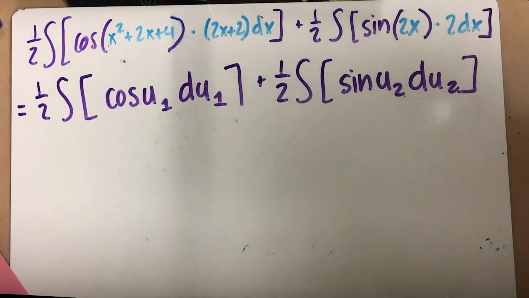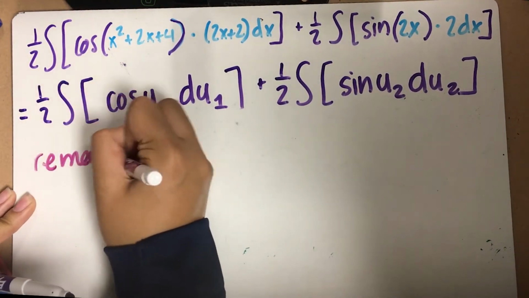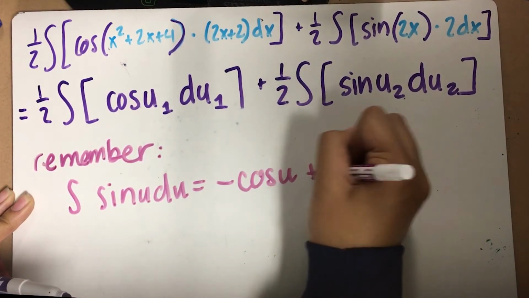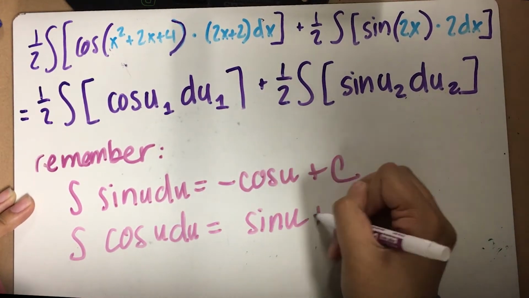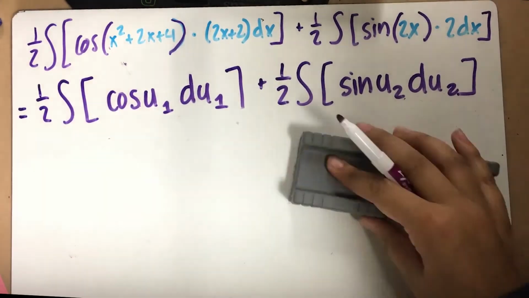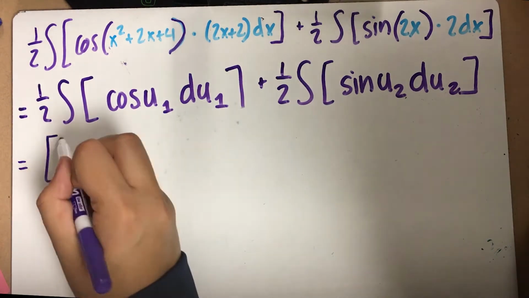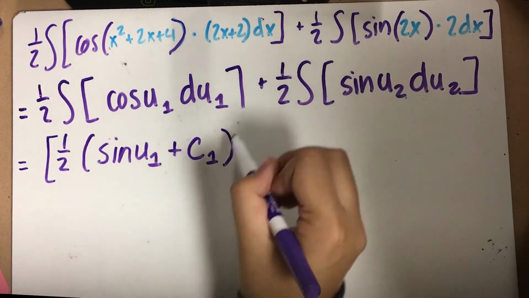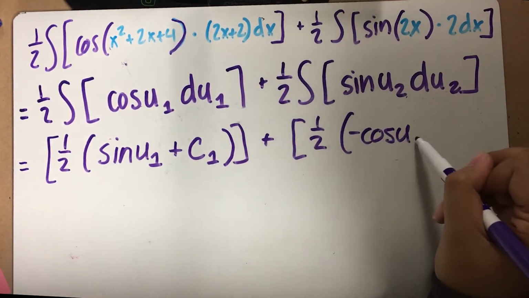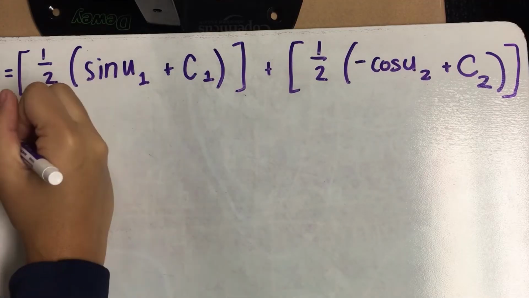Now we can integrate. Remember that the integral of sine u du is equal to negative cosine u plus c, and the integral of cosine u du is equal to sine u plus c. Notice that since we are adding two integrals together, there are two unknown constants, c1 and c2.